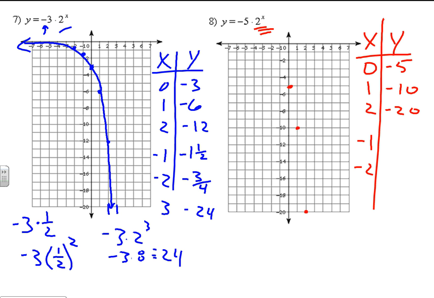That is my exit goal exactly right there. Okay, I need some guidance moving to the left, so put in -1. I get -5 times 2 to the -1st, 1/2. You can check that. That is -2.5. -2.5 right here. Put in -2, and I get -5 times 1/2 to the second.